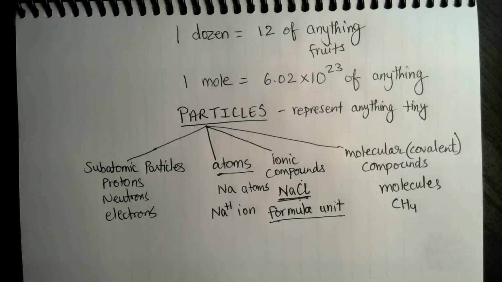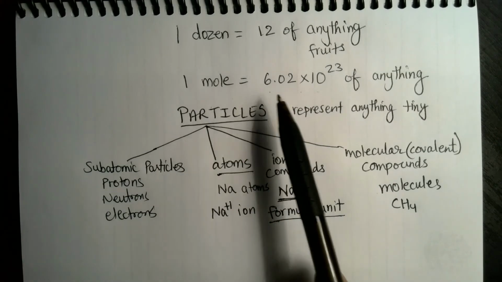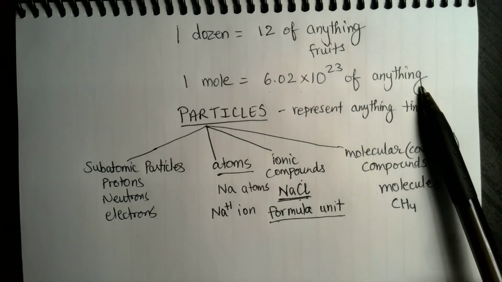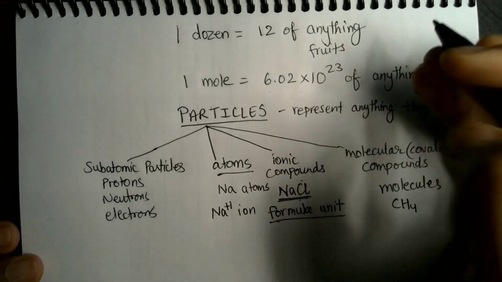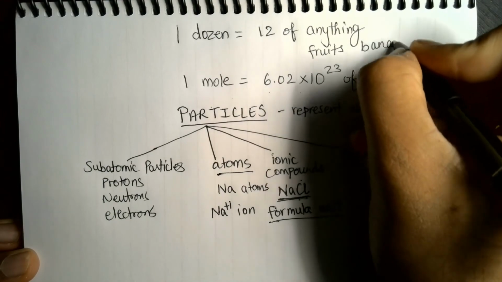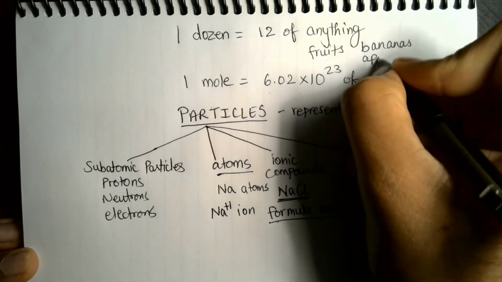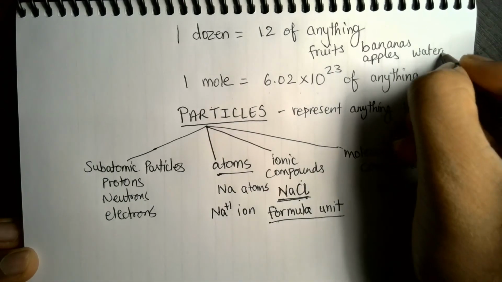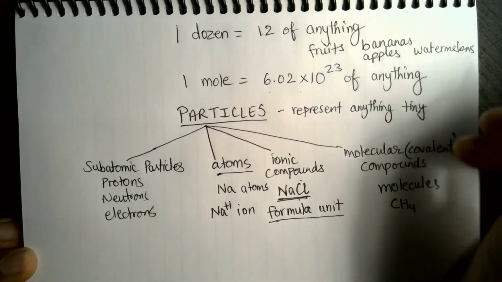Keep this in mind, because when we say 1 mole is 6.02 times 10 to the power 23 of anything, just like in fruits, you could have bananas, you could have apples, you could have watermelons, different things, different sizes.